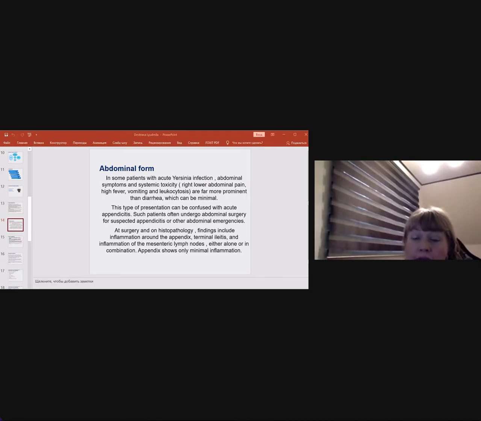And in some cases, when we begin our antibiotic treatment and the patient's condition becomes better, appendicitis symptoms disappear, this patient may be without operation. But usually these patients have appendicitis symptoms, and these patients are operated.